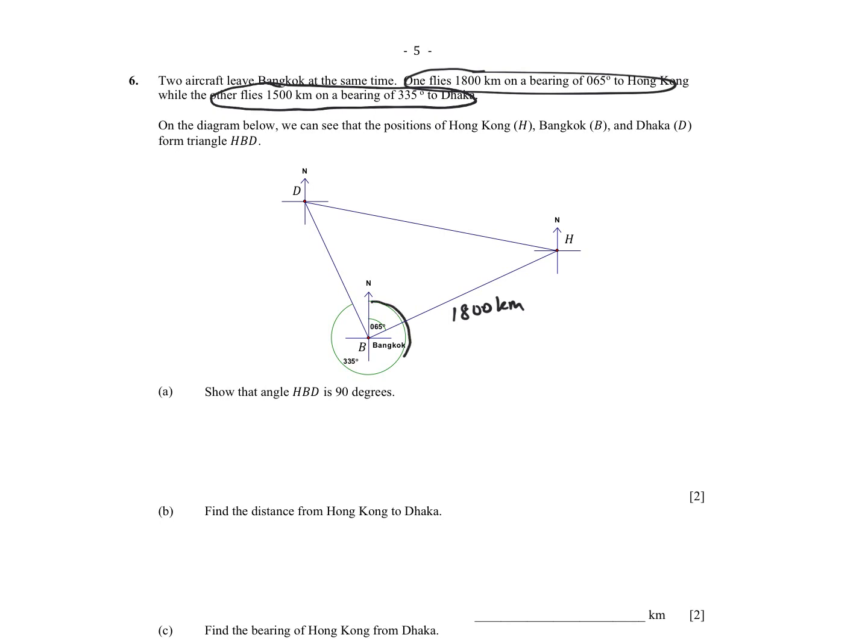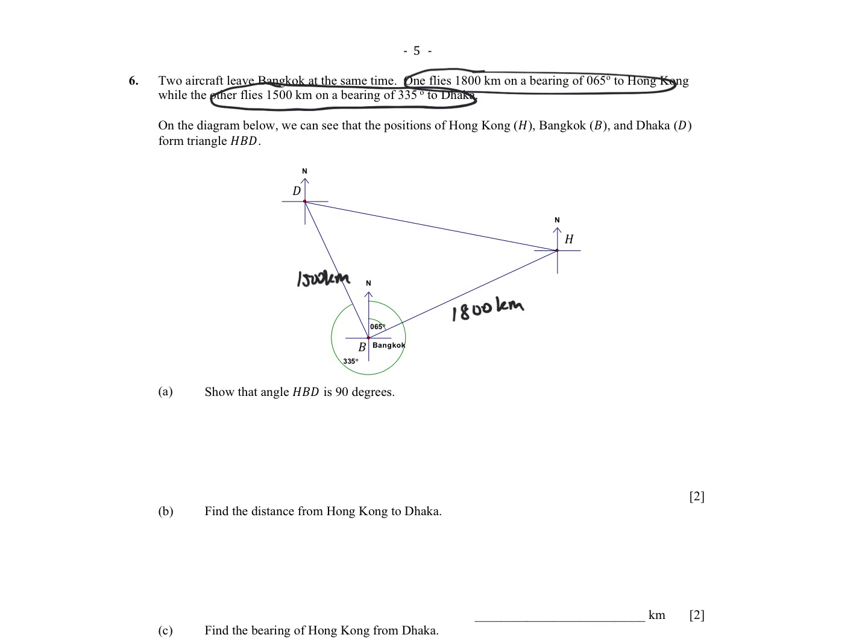So there's the 335 degrees from Bangkok to Dhaka, pointing to Dhaka, right? So the only thing that is left for us to do is to label that 1,500 kilometers, right? But the angles for the bearings are labeled for us.